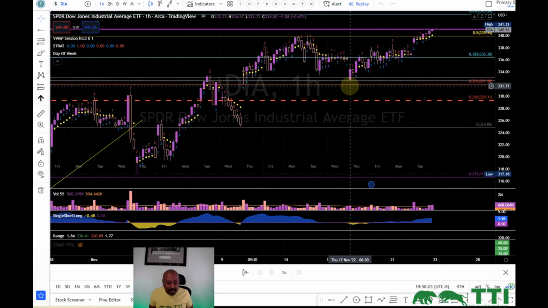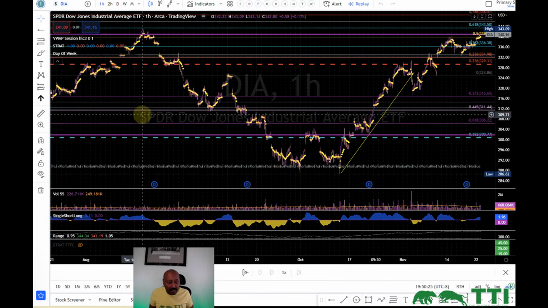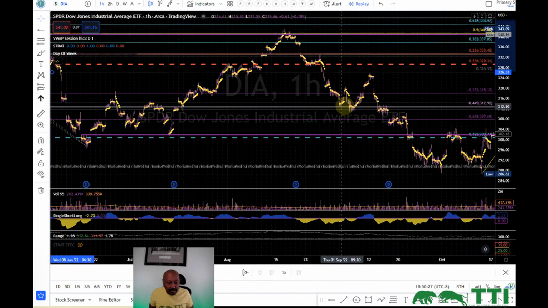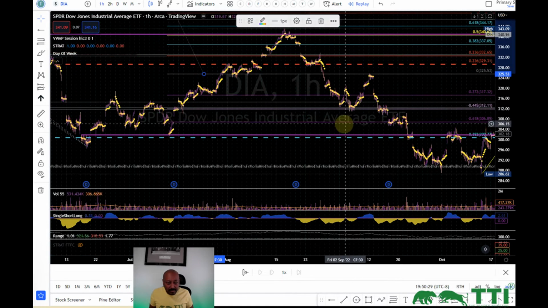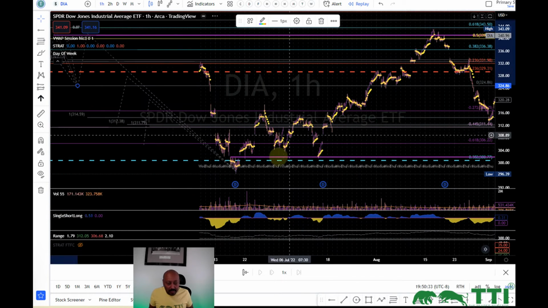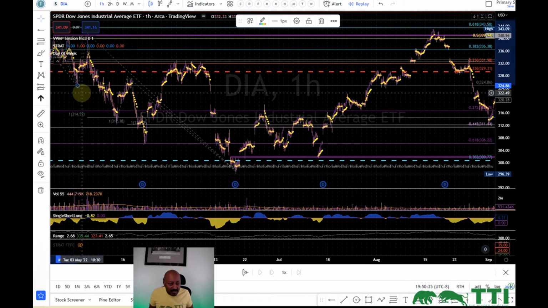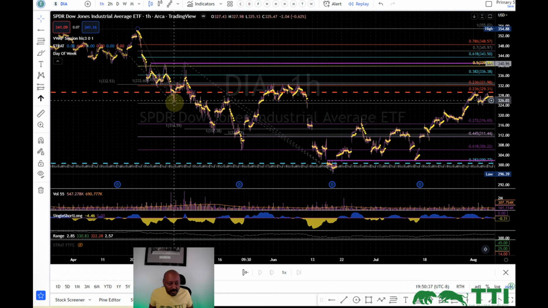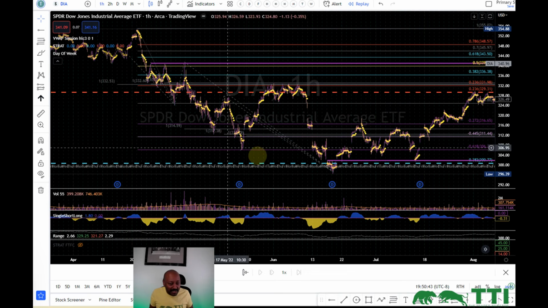So this is today. So when you retraced to 23.6, you have seen it was not strong. It collapsed after that.